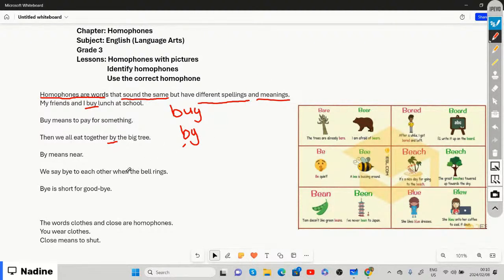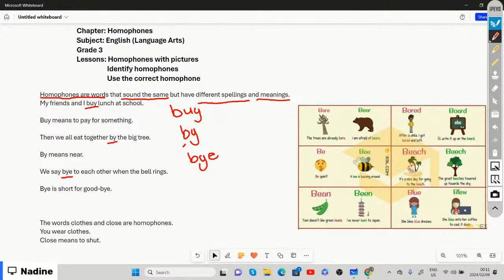And then the next word: we say bye to each other when the bell rings. The next word bye is B-Y-E, and this word is short for saying goodbye. It's like when you're greeting somebody and you are leaving: we'll see each other next time, so goodbye.